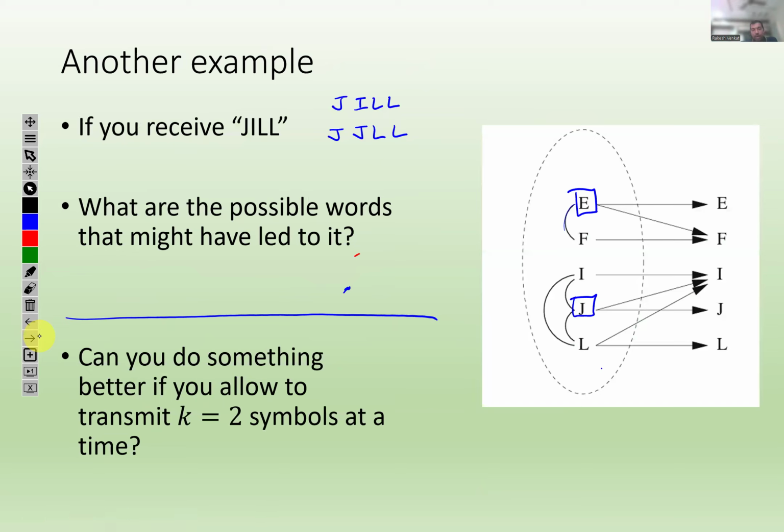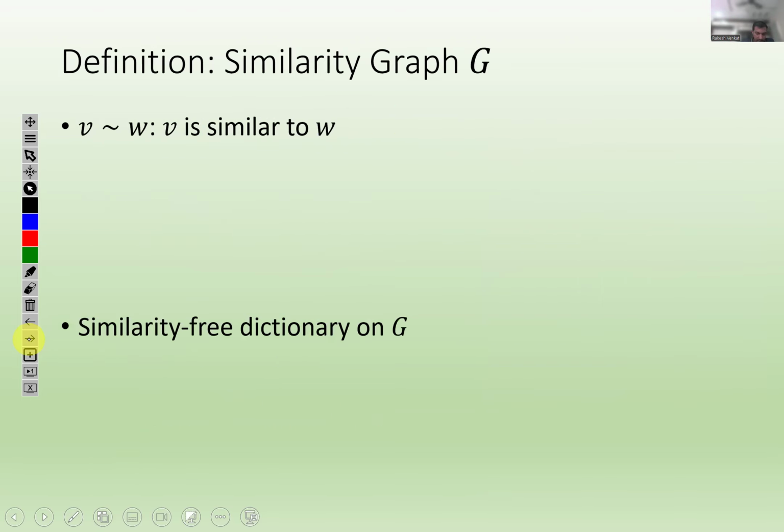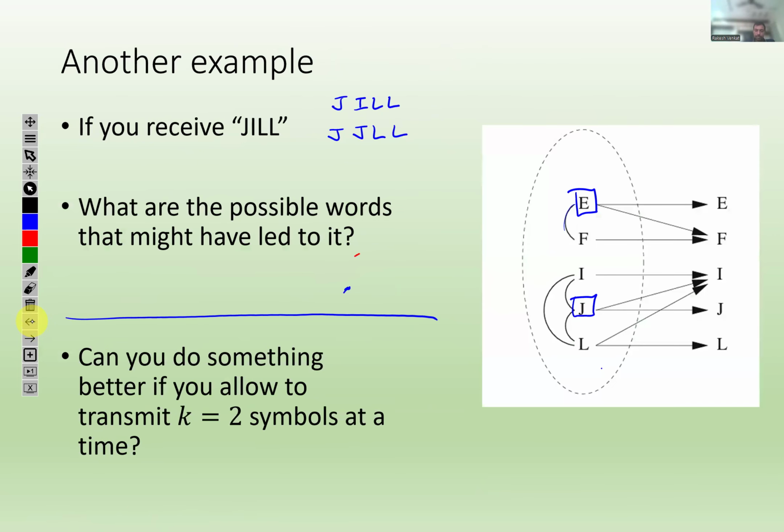So now what if you're allowed to transmit two symbols at a time? What do I mean by transmitting two symbols at a time? So let me make this clearer.